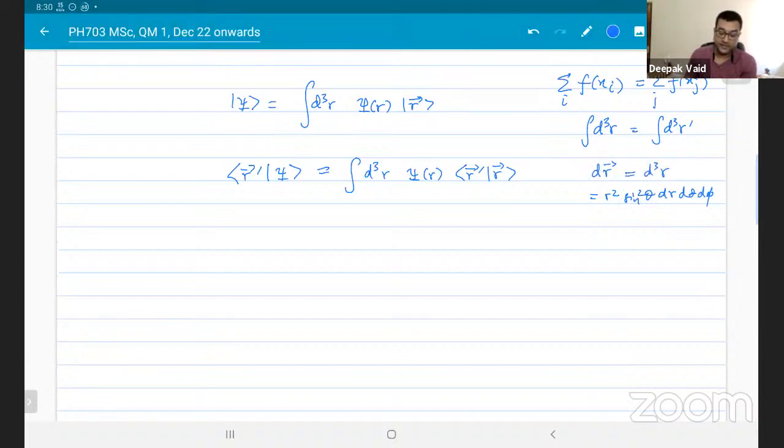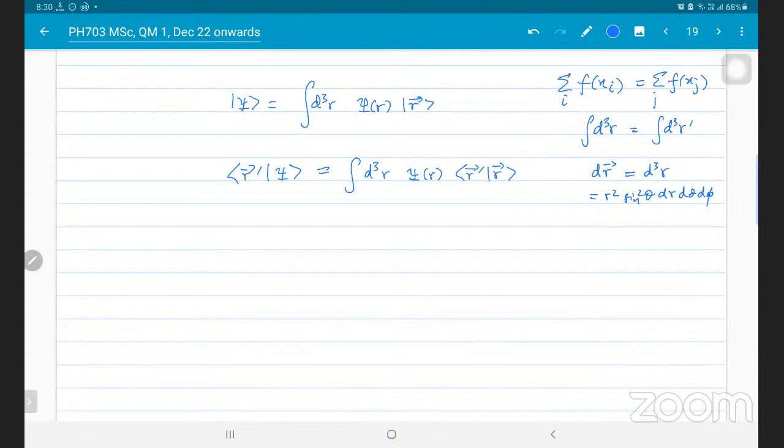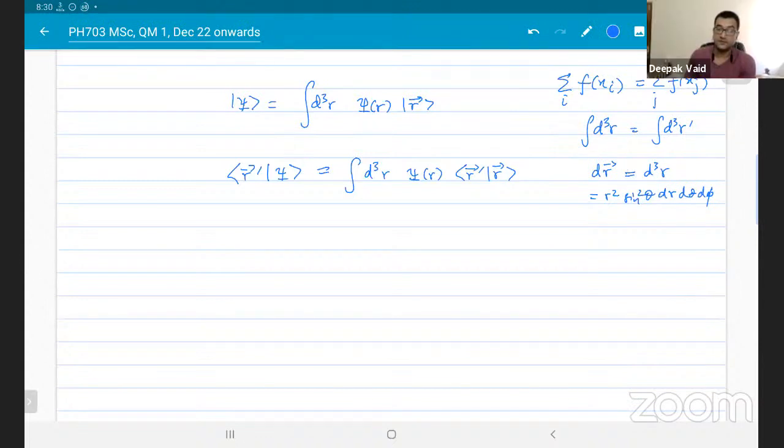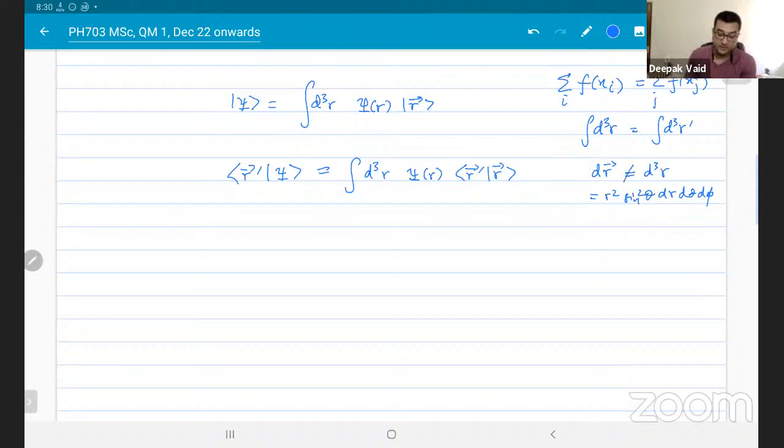If I write d vector r, I mean dx dy dz, na? Yes, sir. I know. I mean, okay, maybe, and actually no, they don't mean the same thing.